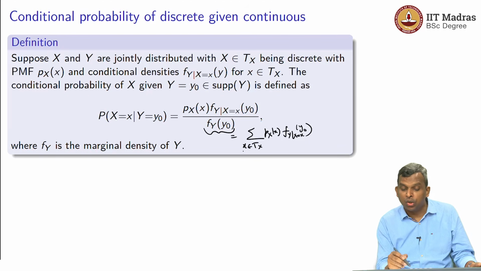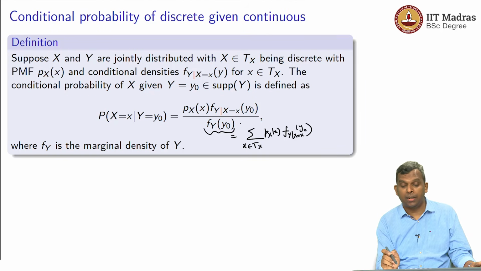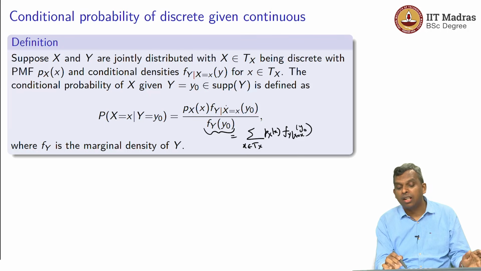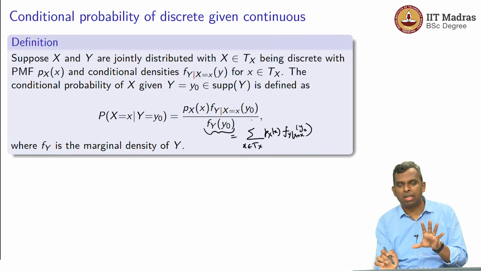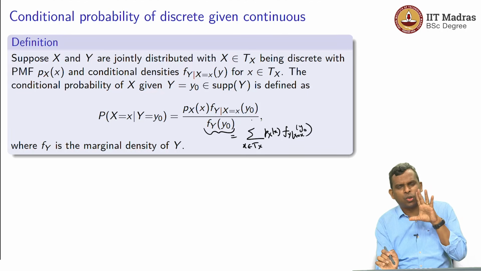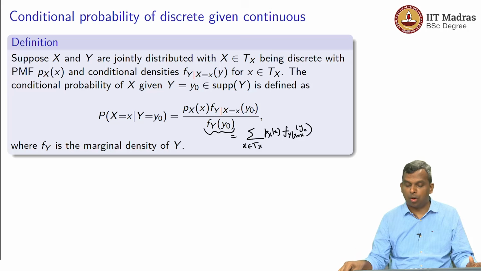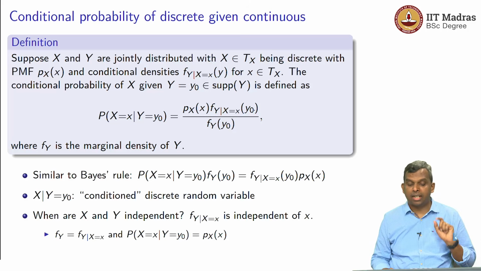This should remind you of Bayes' rule. It is very much like Bayes' rule, the conditional total probability dividing, except that you don't have only probabilities, you have these densities coming in. But that's okay. If you go to the limit, things should be okay, and you get a probability out as the answer. The best way to remember this formula is to think of the analogy to Bayes' rule.